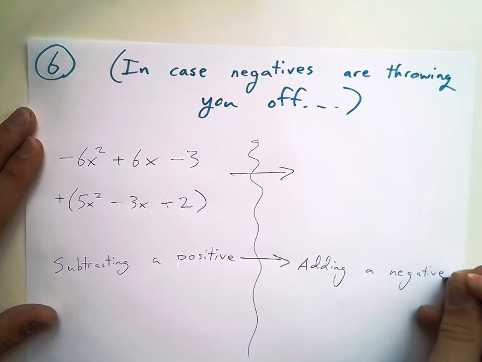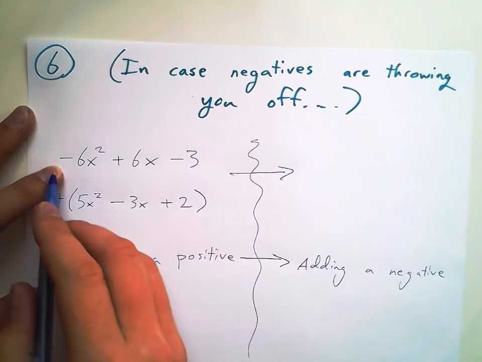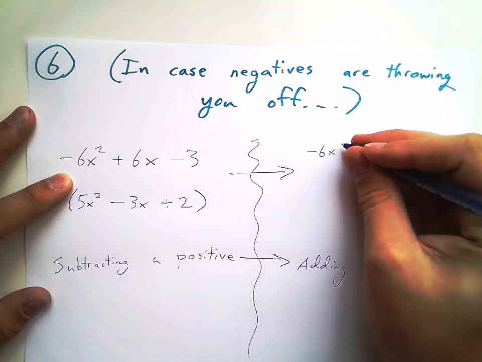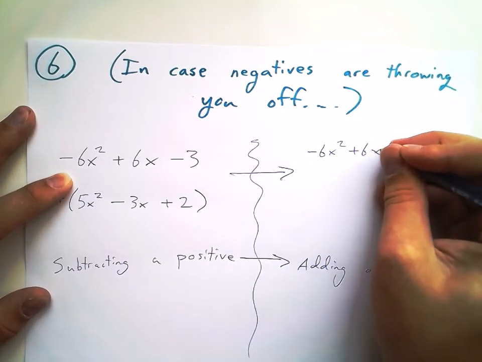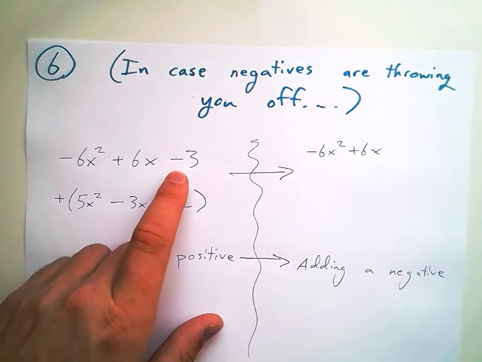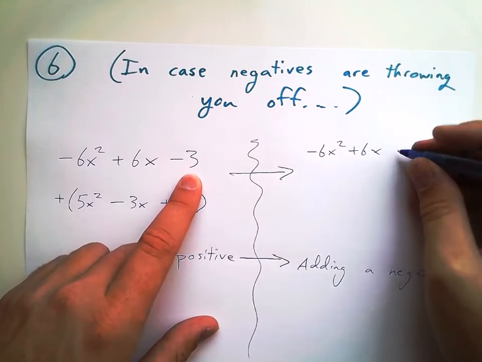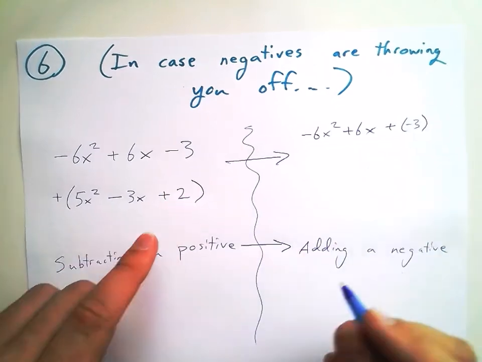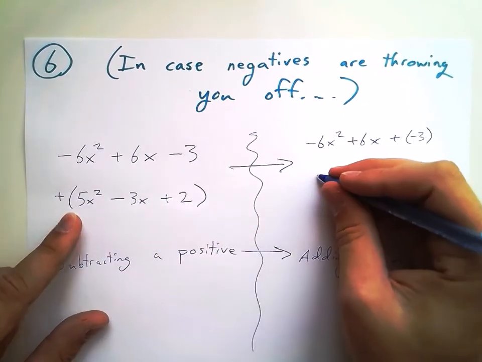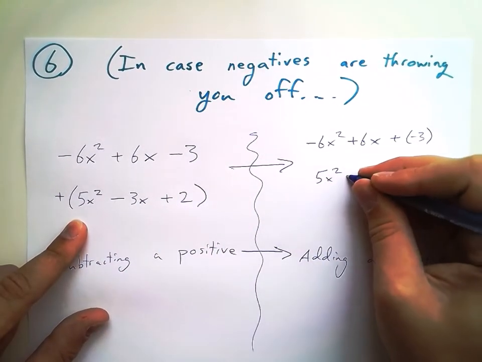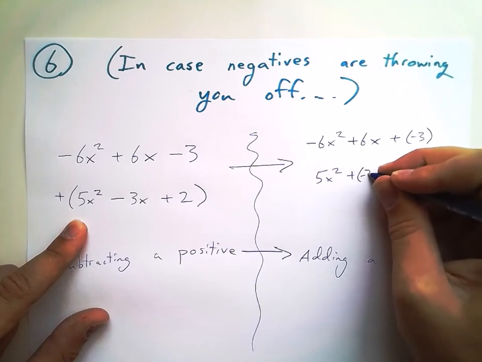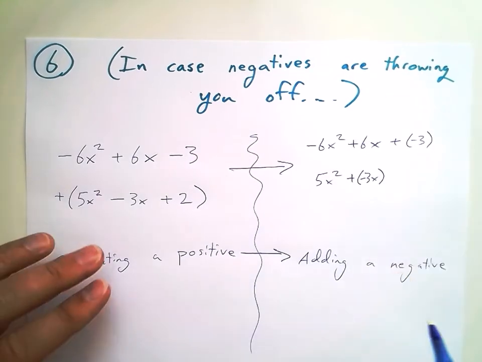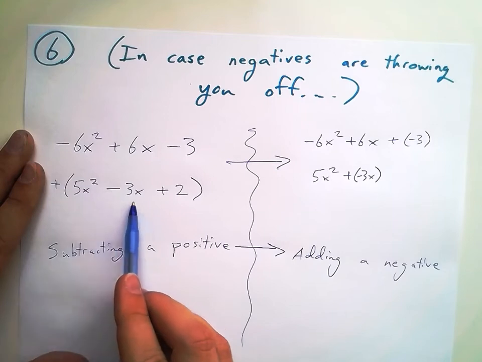So I'm going to show that up here. So this one, negative 6x squared plus 6x, instead of minus 3, I'm going to write it as plus negative 3. And this one right here, 5x squared plus negative 3x. Because that's all that subtracting really means, is adding a negative.